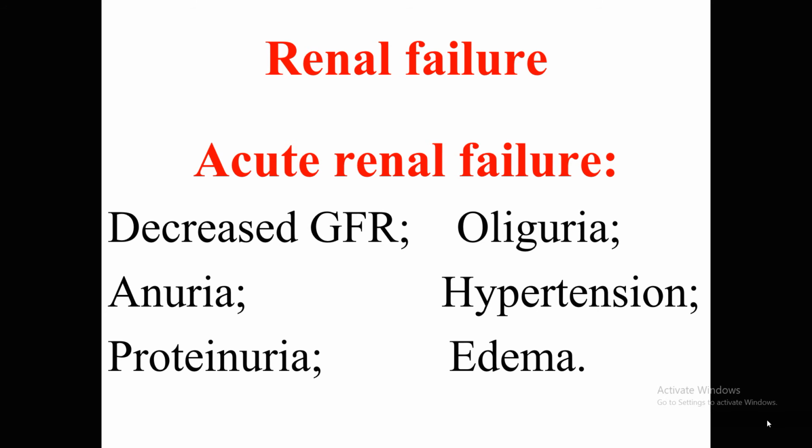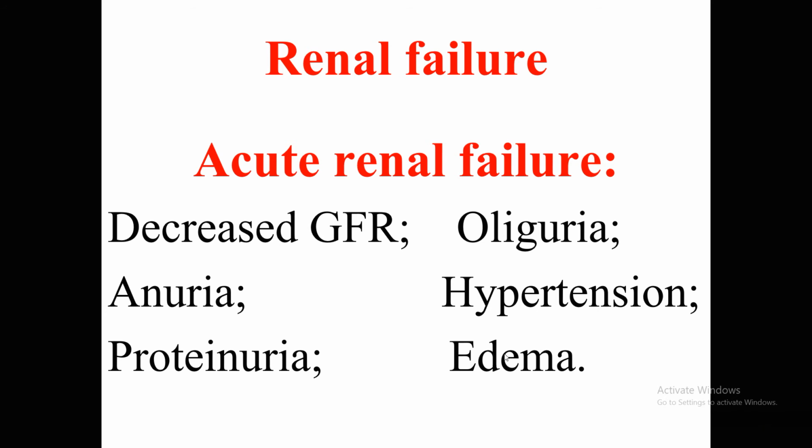The acute renal failure presents as a rapid deterioration of renal function resulting in accumulation in the blood of nitrogenous wastes that would normally be excreted in the urine. So, increased blood urea nitrogen and serum creatinine, together with a decreased glomerular filtration rate and oliguria, are the main signs.